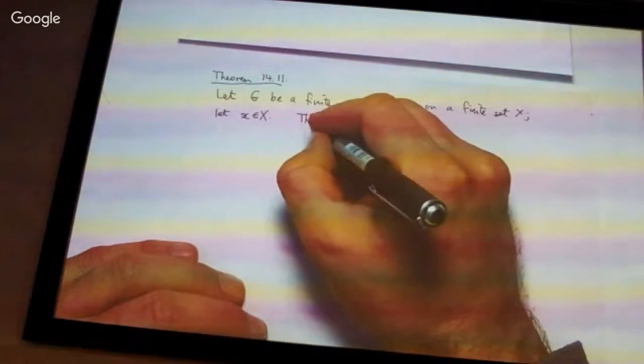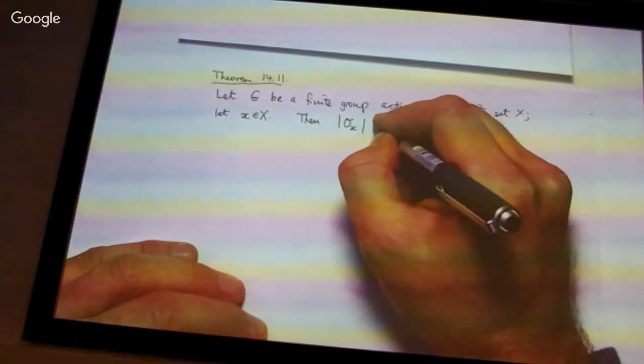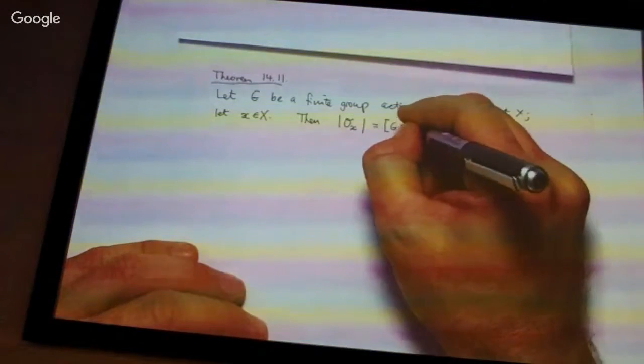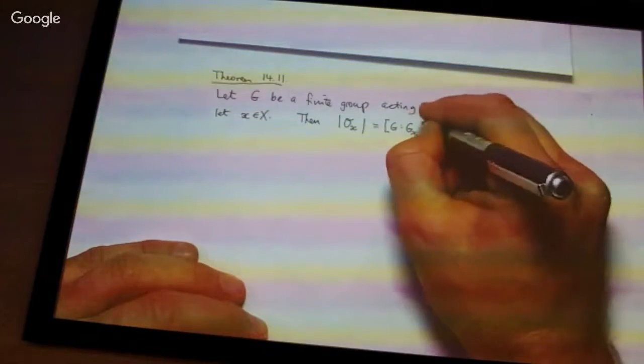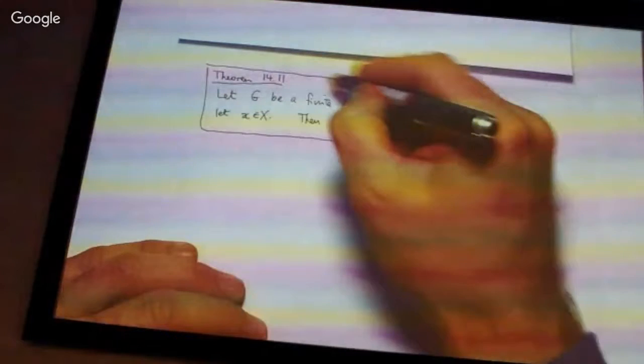And then what I'm claiming is that the size of the orbit of x is equal to the index of the stabilizer in G.